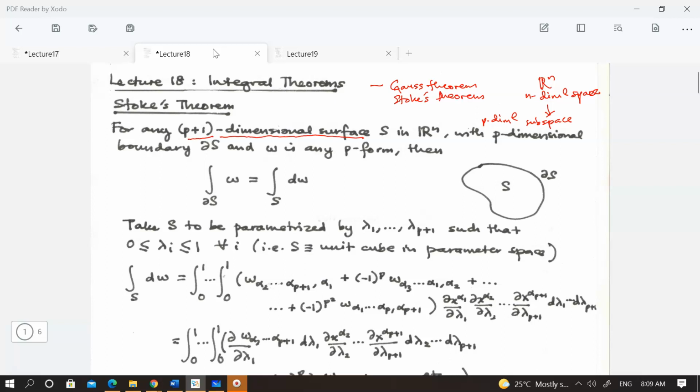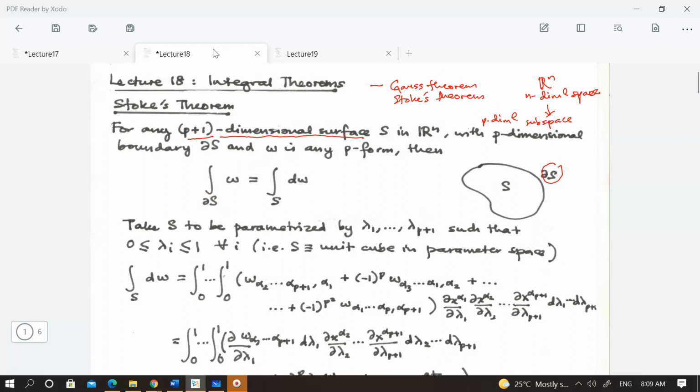So a P form would actually work on the boundary of this surface. The boundary of this surface is given by this symbol, which is like your derivative here. The ds is the boundary of this symbol. So now, in other words, if omega is a P form, it would be integrated over the boundary. This is the boundary, so this is a P plus 1 form, and that is a P form.